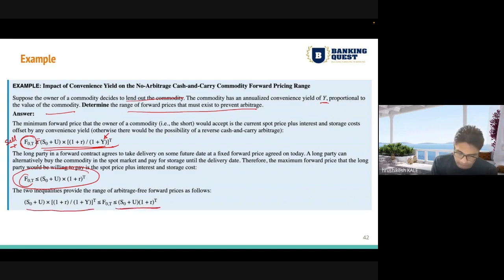Here you are using convenience yield, here you are not using convenience yield. If your future or forward price lies in between these two, there will not be any arbitrage possible. But if your future or forward price goes beyond these, then there is an arbitrage opportunity available. That's the only thing you're supposed to know. So here I am just taking out this convenience yield.